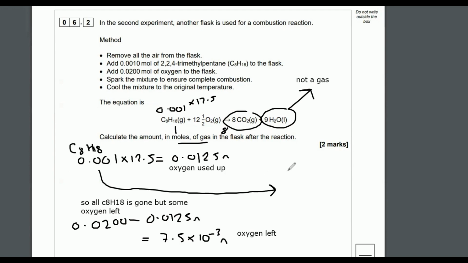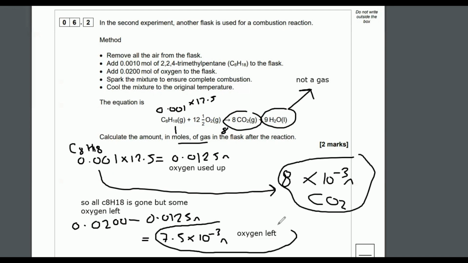So what we want to do there is go 0.001 times 8, and that gives us 8 times 10 to the minus 3. And I want to take my moles of carbon dioxide and my moles of the excess oxygen that was left over unreacted, add them together in the calculator and get my final moles of gas that are left over. And it's 0.0155.